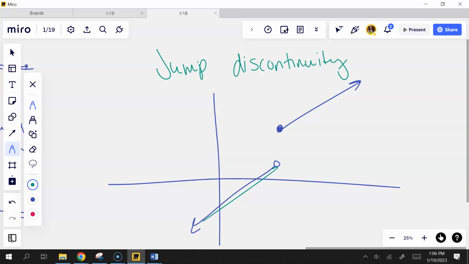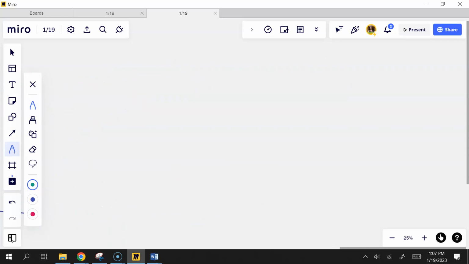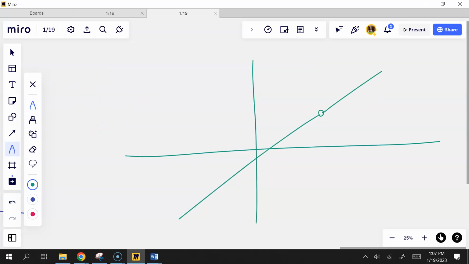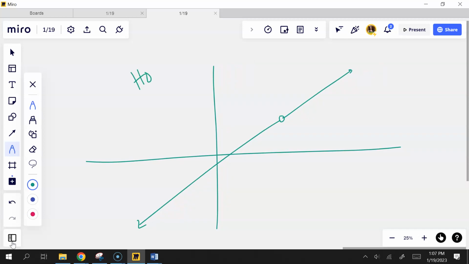Then the very last one has a hole in it. And when we have holes, we call these removable discontinuities.